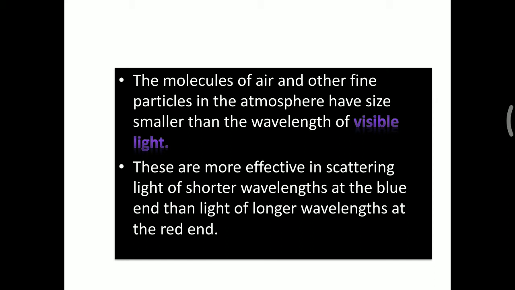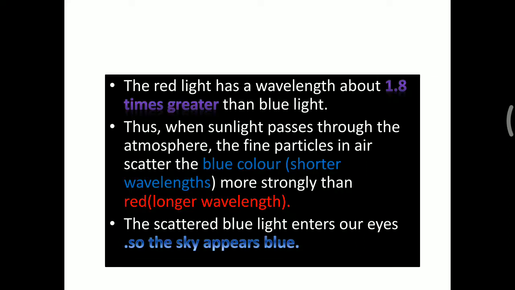They are more effective in scattering shorter wavelengths at the blue end than longer wavelengths at the red end. The red light has a wavelength about 1.8 times greater than the blue light.